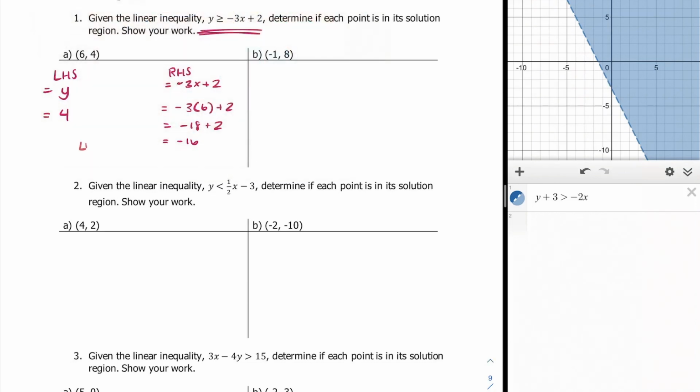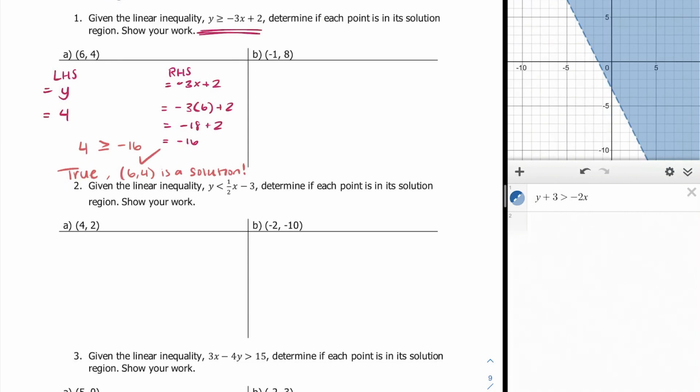The inequality suggests that our left-hand side, 4, should be greater than or equal to negative 16, which is true. Because it is true, that implies our point, 6, 4, is a solution.